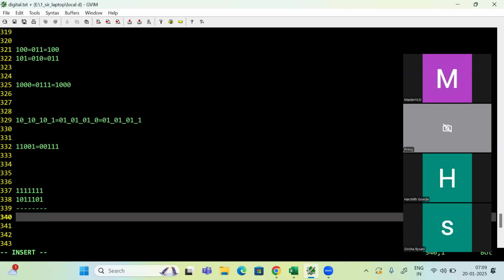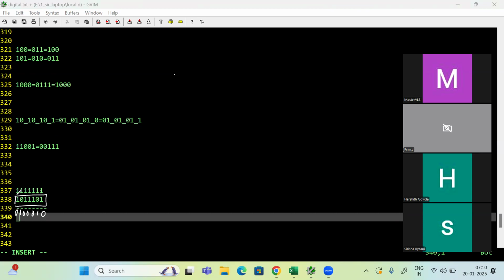Can anyone do the subtraction of this and tell me what value you will get? 1 minus 1. 1 minus 0. 1 minus 1. 1 minus 1. 1 minus 1. 1 minus 0. 1 minus 1. Leave it.